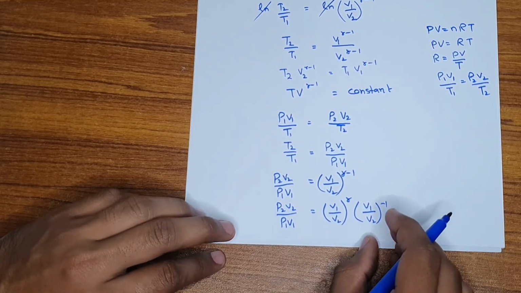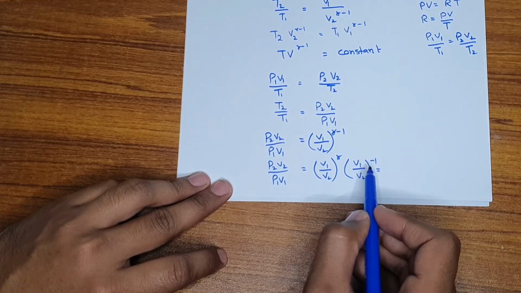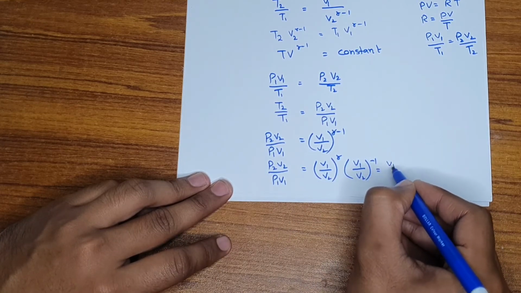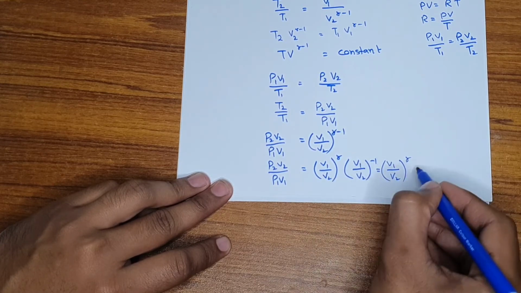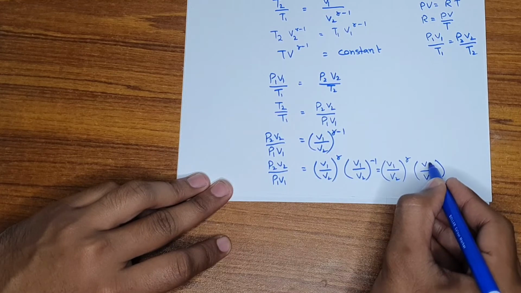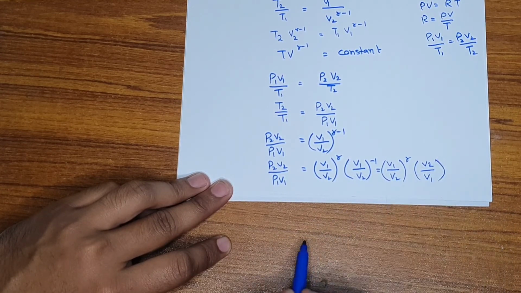If I want to convert this minus 1 into a positive quantity, then I can write it as V1 over V2 to the gamma, and to remove this minus 1, I just have to take the denominator up and the numerator down. This minus 1 has been consumed.